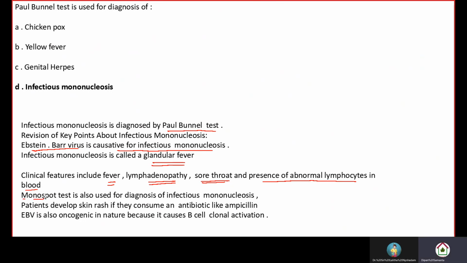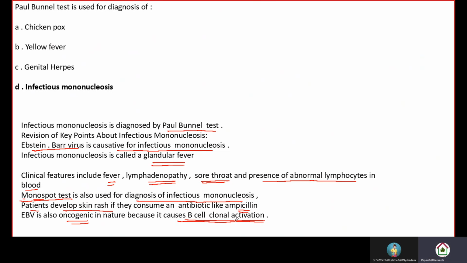Monospot test is also used for the diagnosis of infectious mononucleosis, and the patient develops a skin rash if they consume an antibiotic like ampicillin. EBV is also oncogenic in nature because it causes B cell clonal activation.